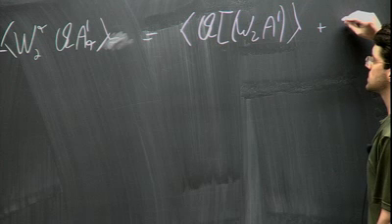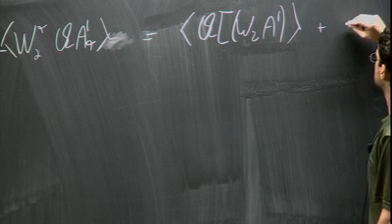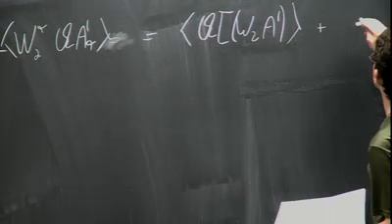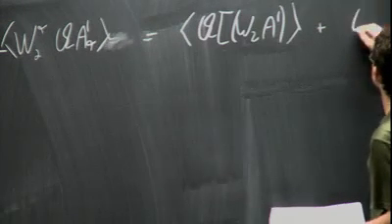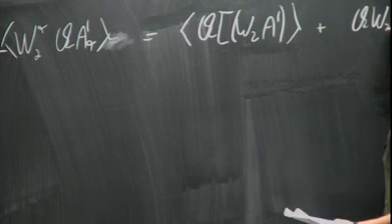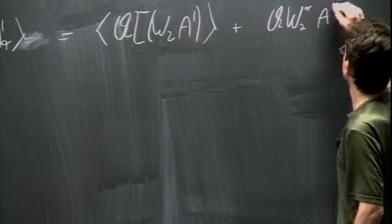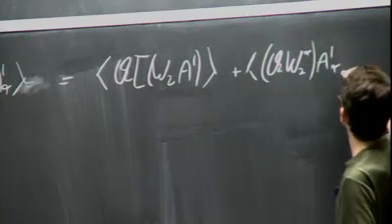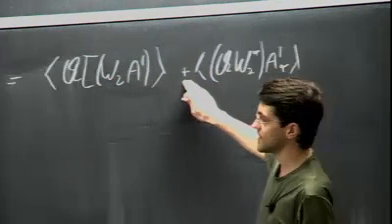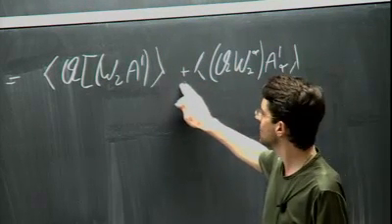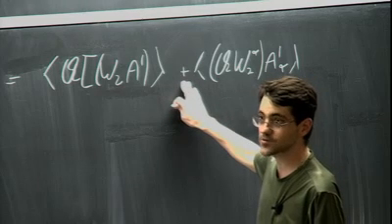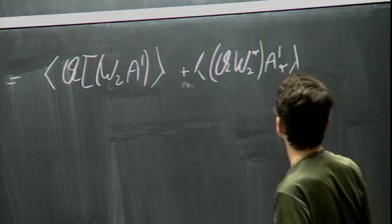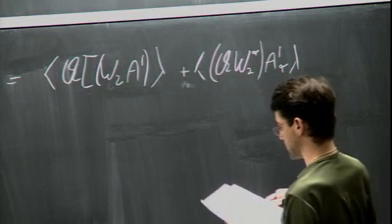So let's add plus Q of W2 alpha A1, like that. I decided that I'm not really going to keep track of whether things are minus or plus, but it should be easy to fix that.